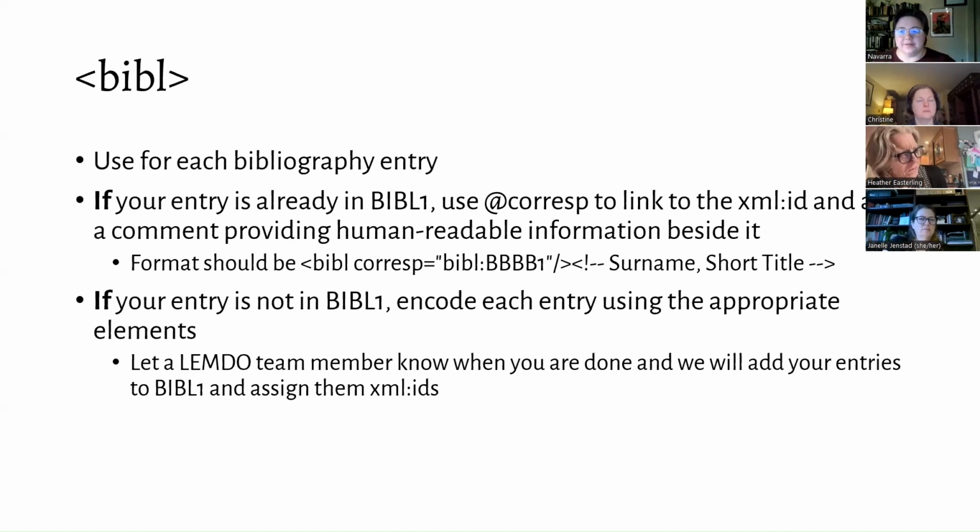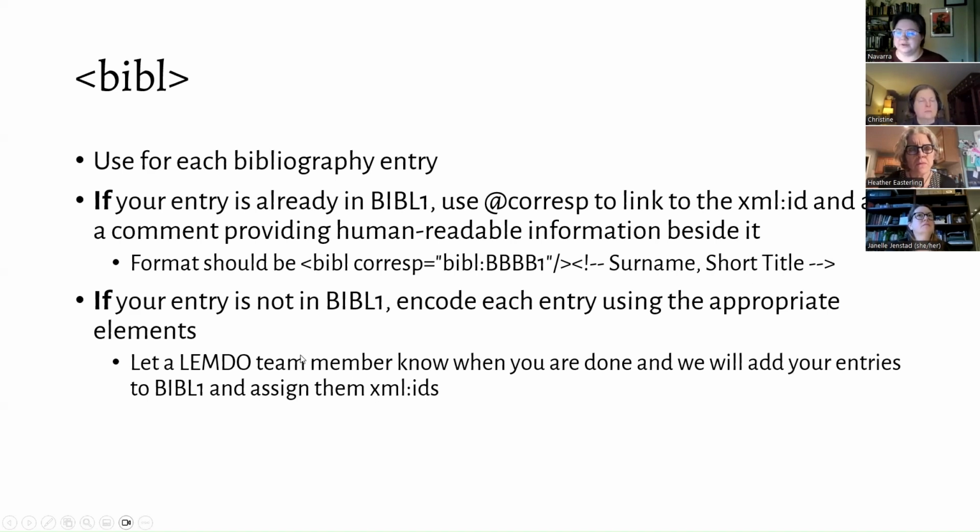Each entry, you're going to have a bibl element. If your entry is already in Bibl1, just use the corresp attribute to link back to that XML ID, and then add a comment providing human readable information. So you've got that format bibl corresp equals bibl: and then that XML ID, and then whatever your comment is, typically surname, short title.